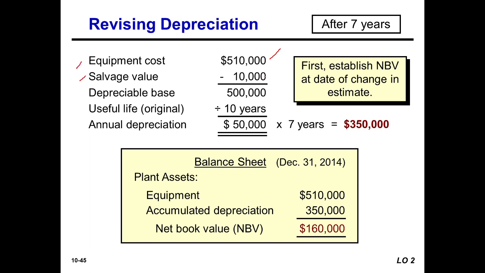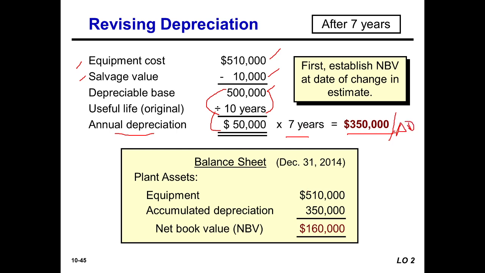Salvage value $10,000 and depreciable base $500,000. It will run 10 years, so for the original useful life of 10 years, after division we get $50,000 annual depreciation. For 7 years, this is our accumulated depreciation.